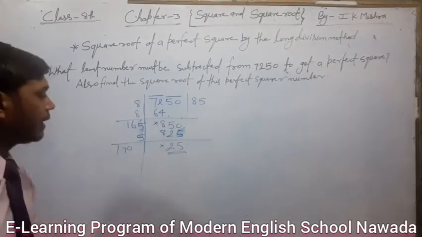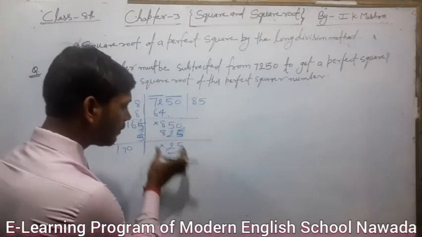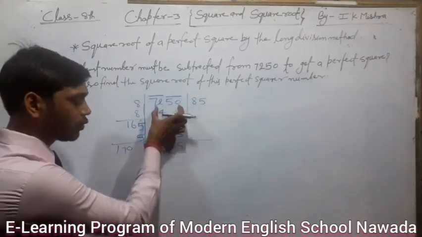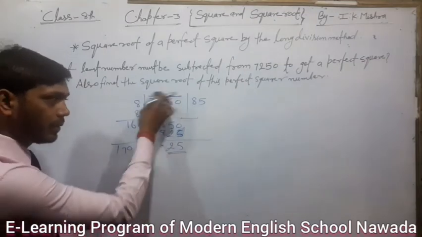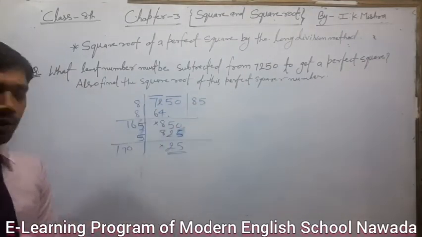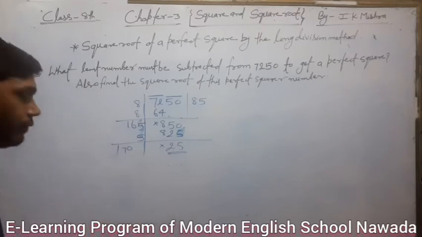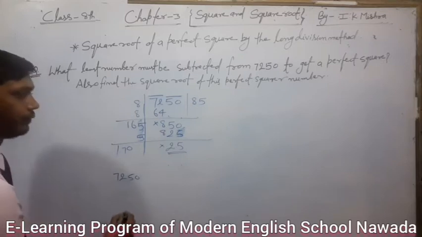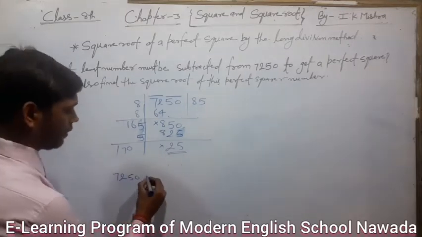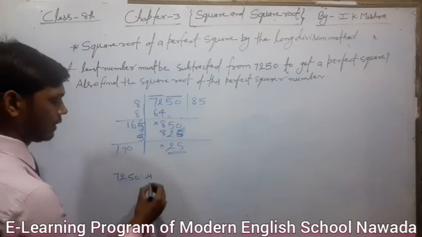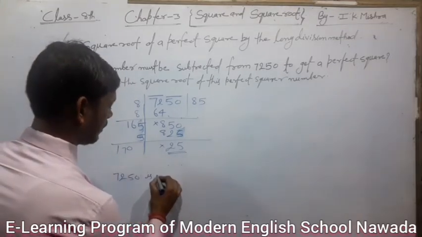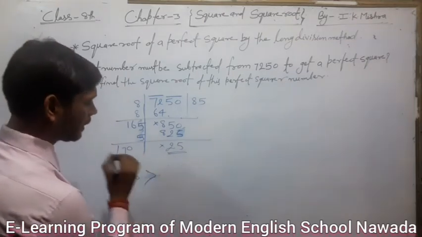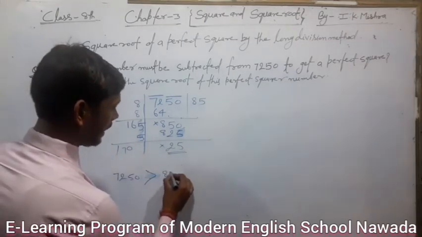Here 25 is the remainder. That means when this number is 25 less, it will be a perfect square of 85. So we have to find, here we can write, 7250 is greater than 85 square.